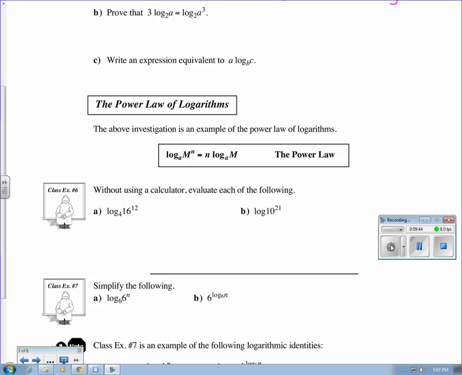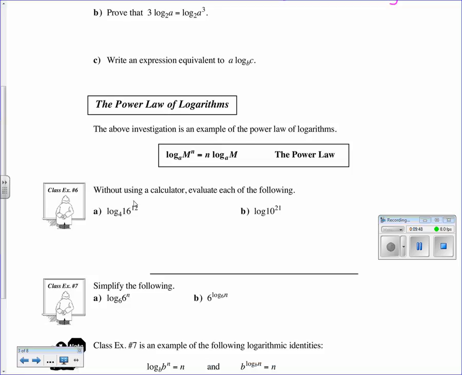So I'm not supposed to use a calculator. I'm going to use the power law. The 12 can move in front. So I get to write 12 log base 4 of 16, but I know what 16 is. That's 12 log base 4 of 4 squared.